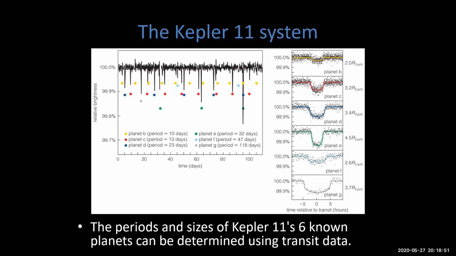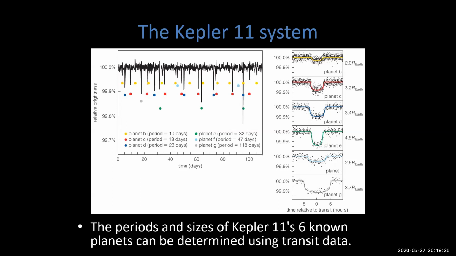And so from each individual light curve, by seeing how much light is exactly blocked out from the planet at that distance, you can calculate how big the planet is itself. So we get the radius of planets using these transit methods. And of course, we get their periods, we get their distance from the star.